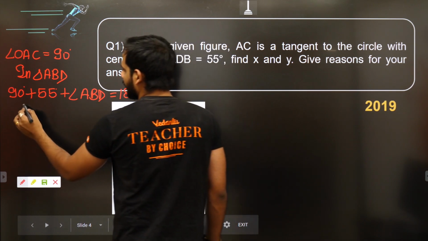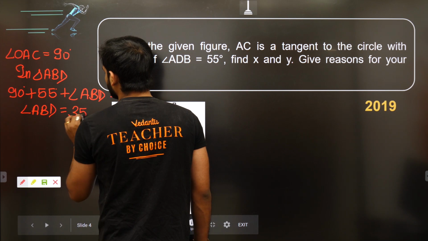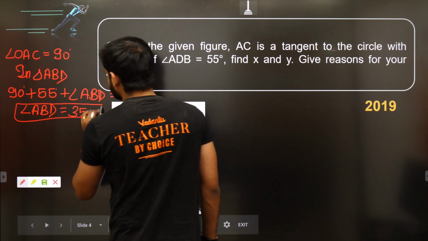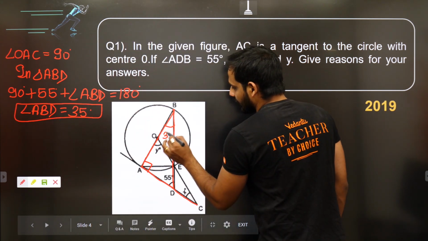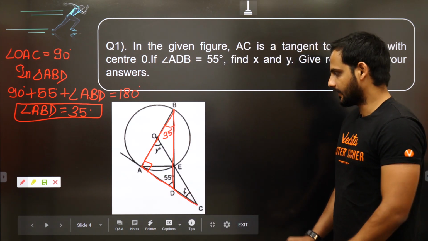So from here you will get angle ABD is equal to 35 degrees, right? So this angle we have got as 35 degrees.